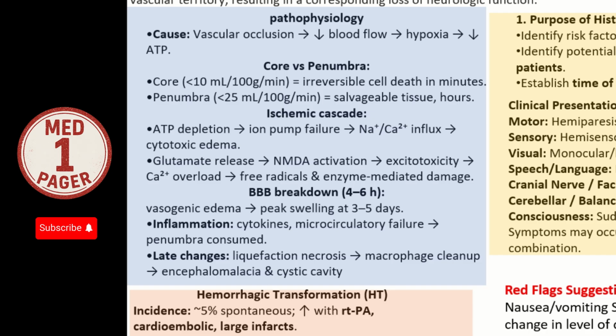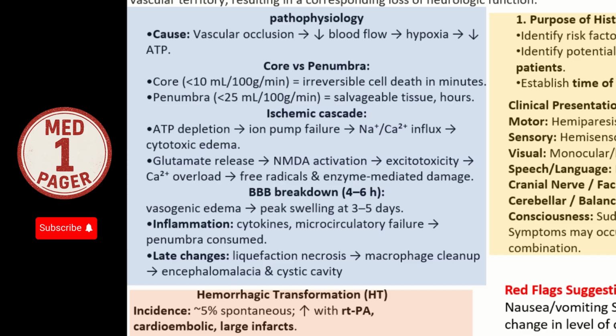So what happens after ischemia has taken place is that we have depletion of ATP. And when ATP is done, the pumps that use ATP to pump sodium, calcium, potassium are going to fail. Then we shall have sodium and calcium influx into these cells. And when sodium and calcium influx, the water is going to follow the sodium. We shall have edema occurring, what we call the cytotoxic edema. And when this occurs, there's release of glutamate from these neurotransmitters, and glutamate is excitatory.